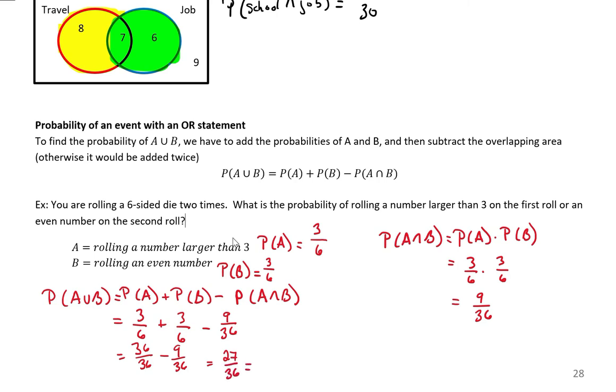And if we want to reduce that, we can, and it becomes 3/4. So the probability of A or B is 3/4.